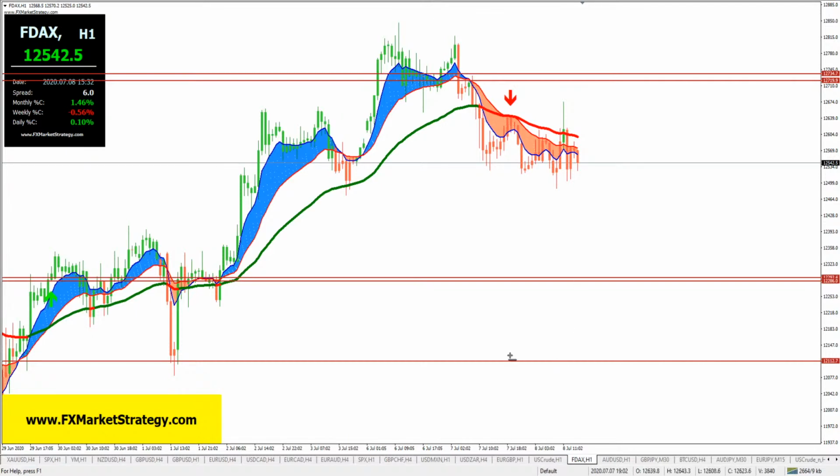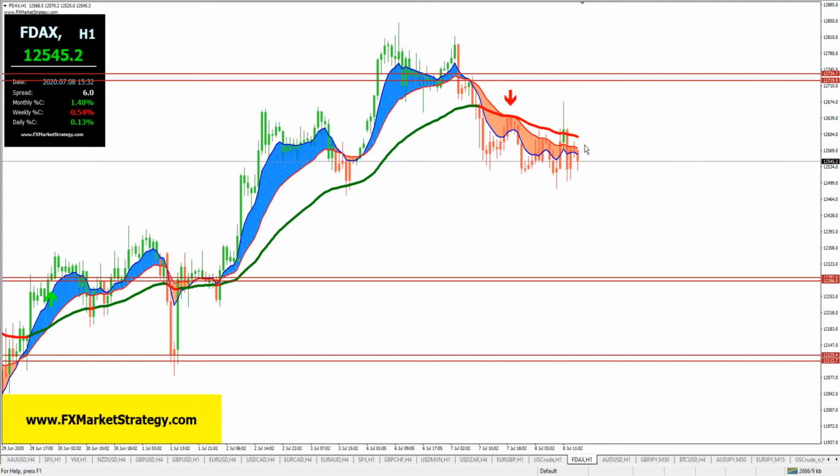But for now, this is a sell, and we said even in the weekly forecast, we need one wave down before we go back up.